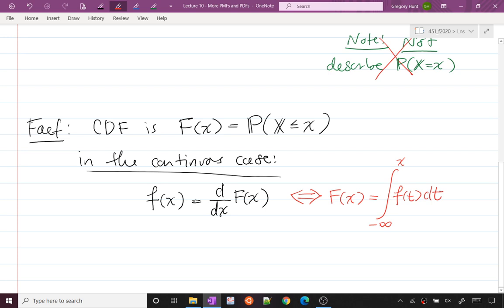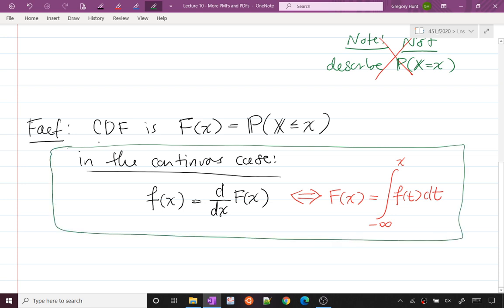The variable t is a dummy variable. You replace it with y, replace it with z, doesn't matter. I didn't want to use x because I didn't want to clash with the argument of this function, which is different. So this is the fundamental relationship between the PDF and the CDF in the continuous case.